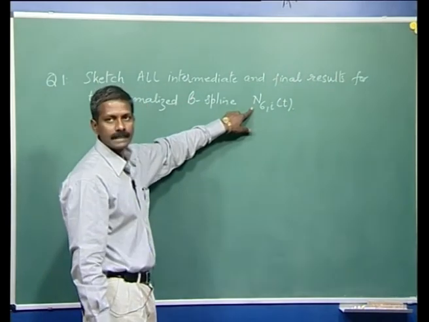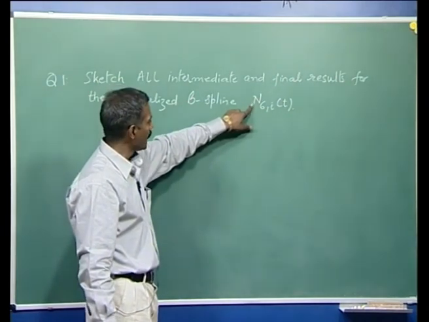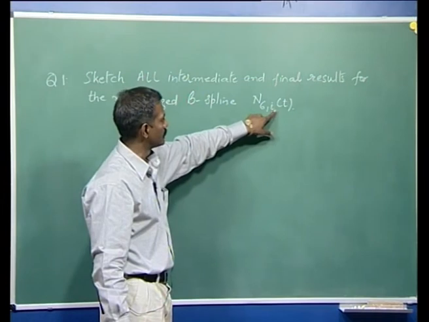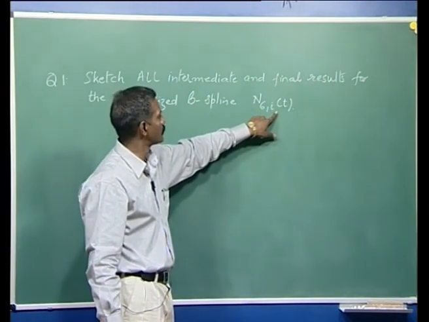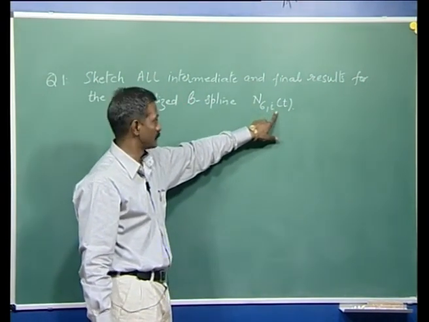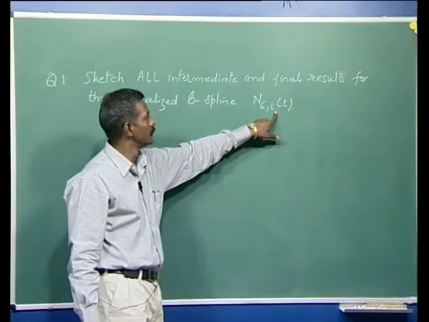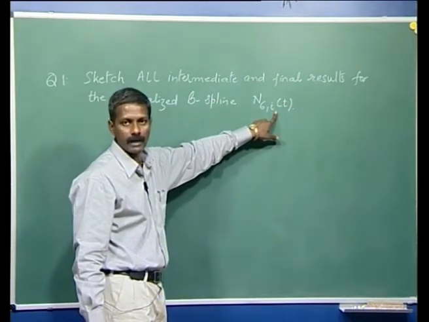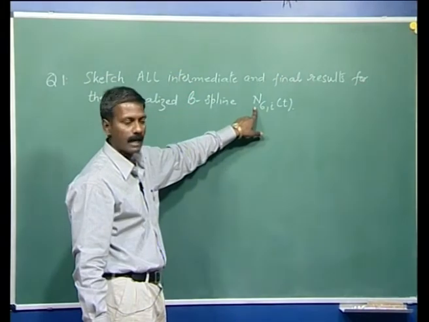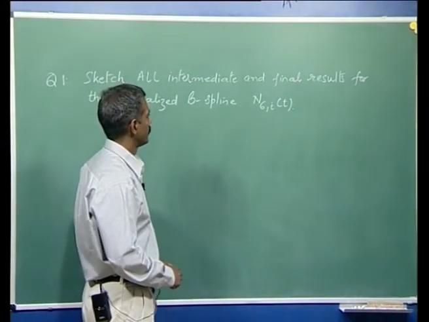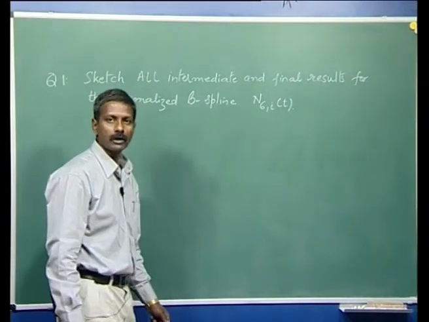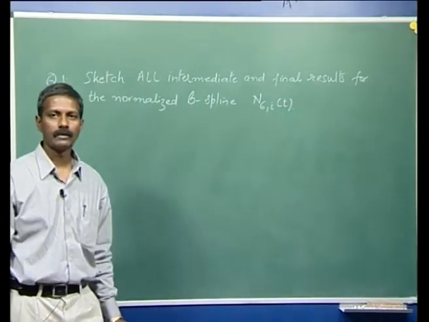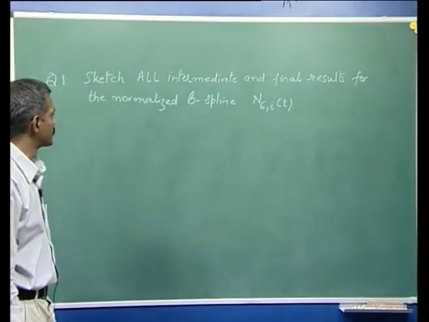Remember that the sketching procedure for N_6i(t) or any other normalized basis function is identical to that of the corresponding M_ki(t). You do not want to worry about the magnitude while you're sketching these B-spline basis functions.